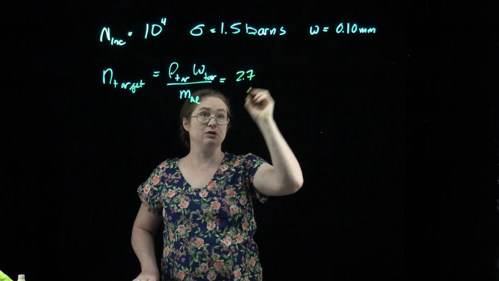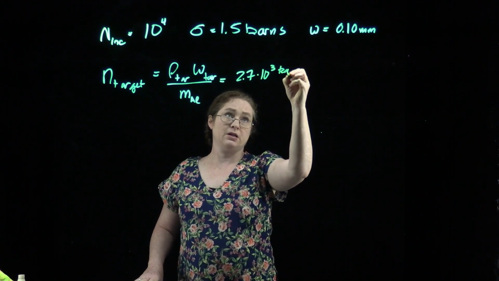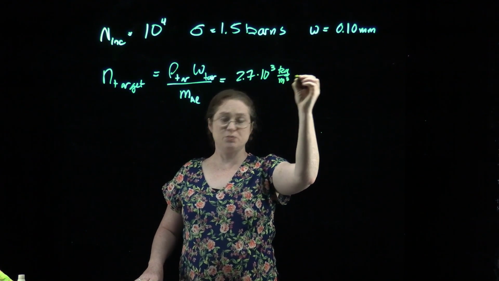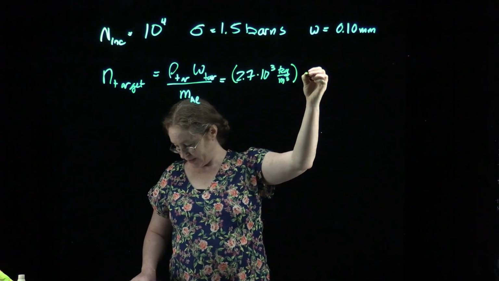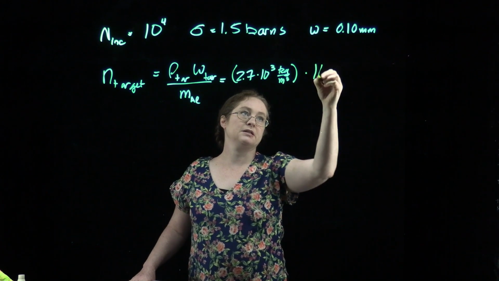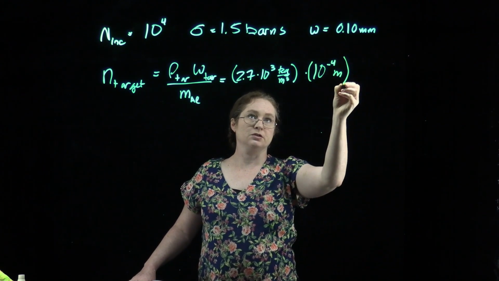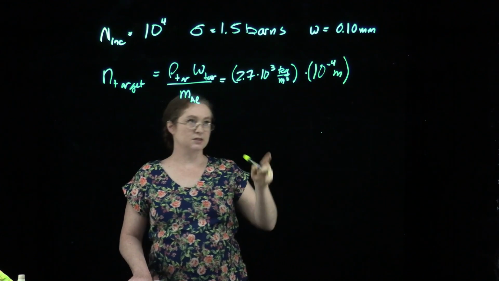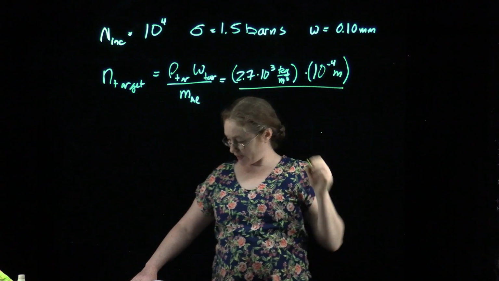So the density of aluminum is 2.7 times 10 to the third kilograms per meter cubed. And then we multiply by 10 to the negative fourth meters. So this gives me a kilogram per meter cubed, per meter squared.